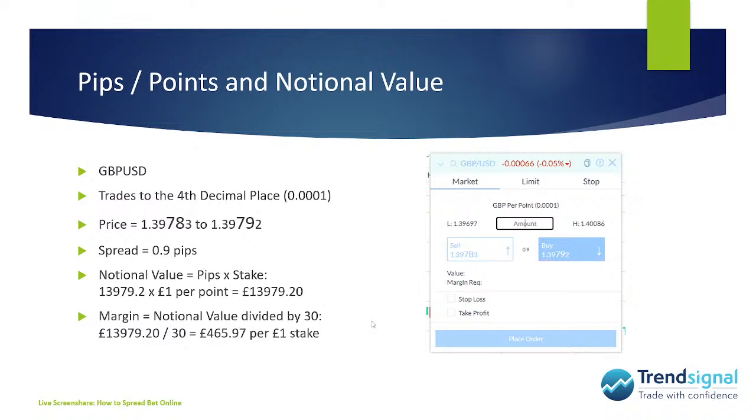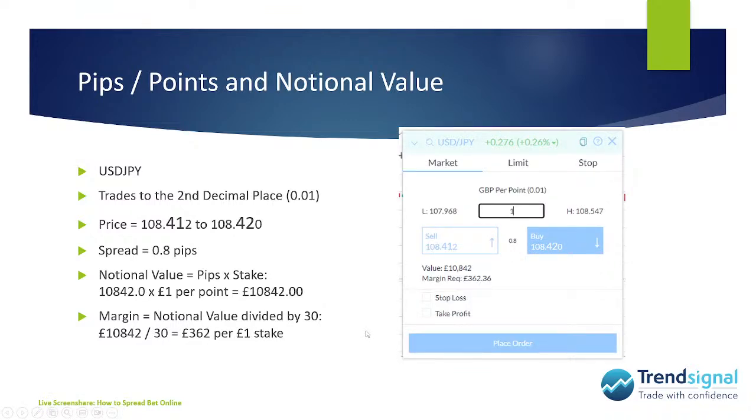Okay, so let's have a look at another currency pair. This is going to be a little bit different. Most currencies, particularly when you're looking at US dollar, Canadian dollar, Australian dollar, New Zealand dollar, Swiss franc, euro, the pound, any crosses between these currencies will trade to the 4th decimal point.